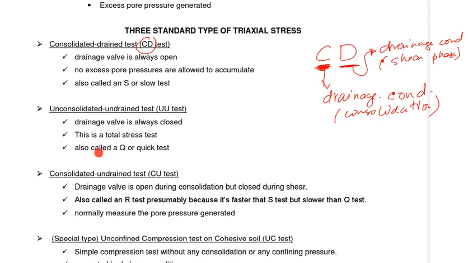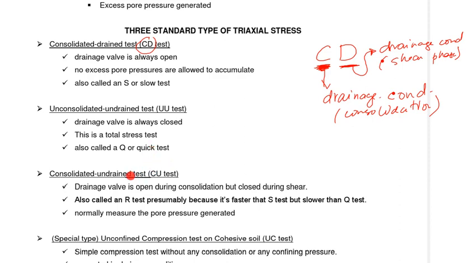So it is also called Q or quick test since we do not have to wait doon sa ating consolidation nor do we have to wait for the drainage during yung shear phase natin. So that's for the unconsolidated undrained test, yung UU.